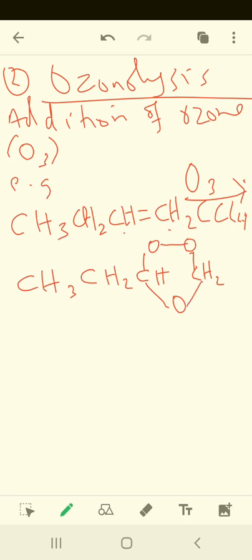This compound from here up to here is what we call an ozonide, where the 3 oxygen atoms have come between the carbon atoms containing the double bond, and the double bond has broken.